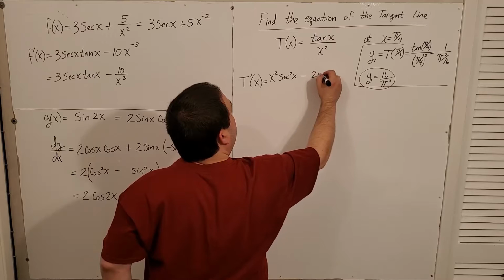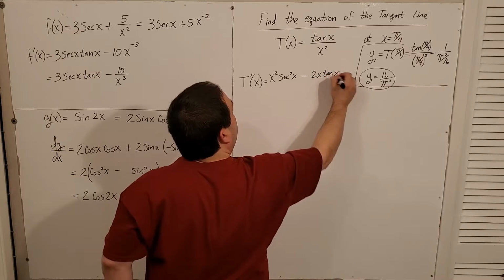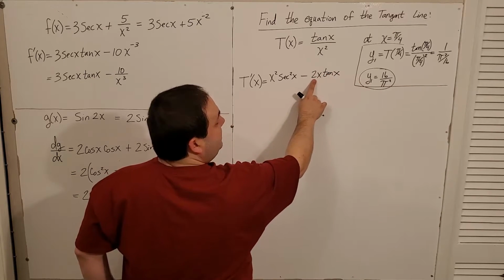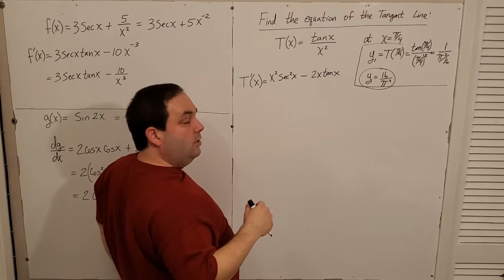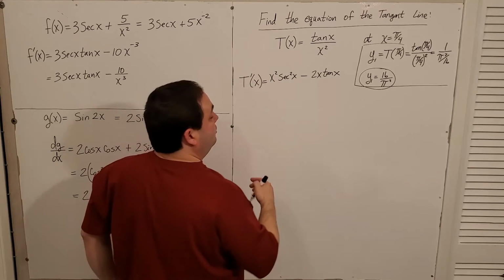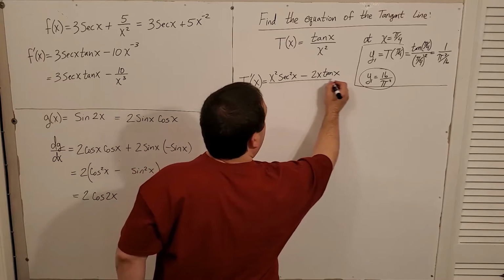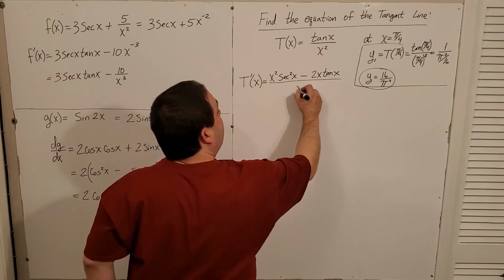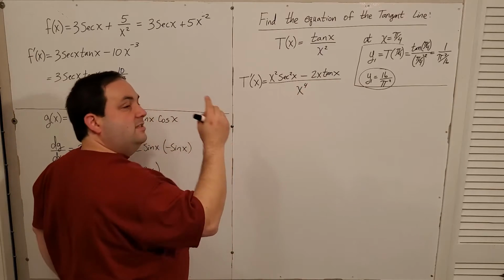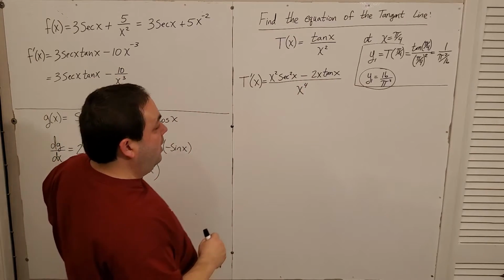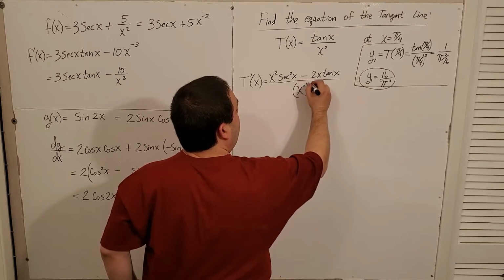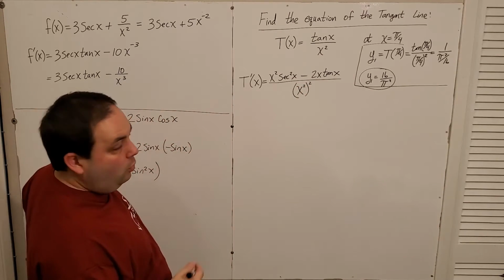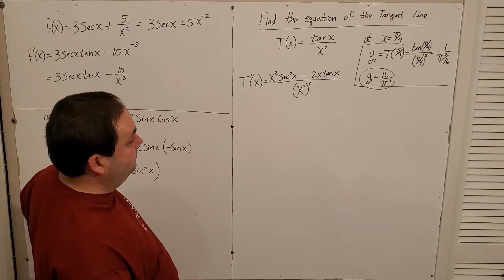So that's going to be 2x times tangent x. High d low. It was just easier for me to write the 2x in front because that's typically what we do with trigonometry, all over square of below. That's just going to be x to the fourth because it's x squared squared, right? If it helps, write it out. It's going to be x squared squared, which is going to give me x to the fourth.